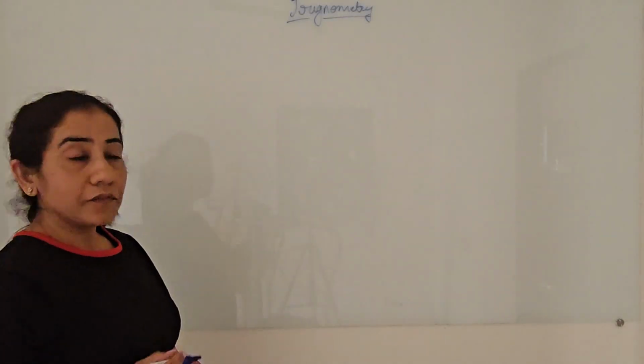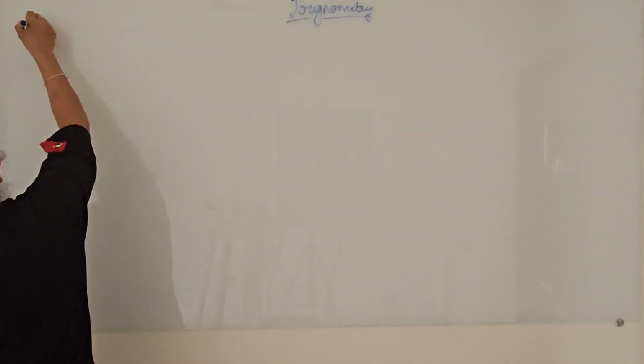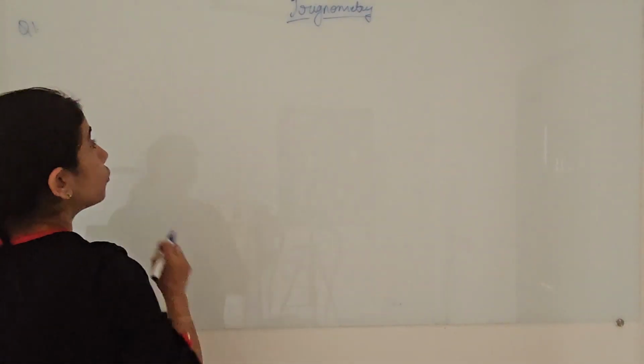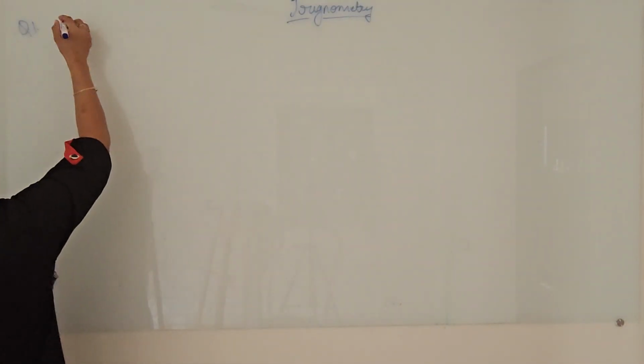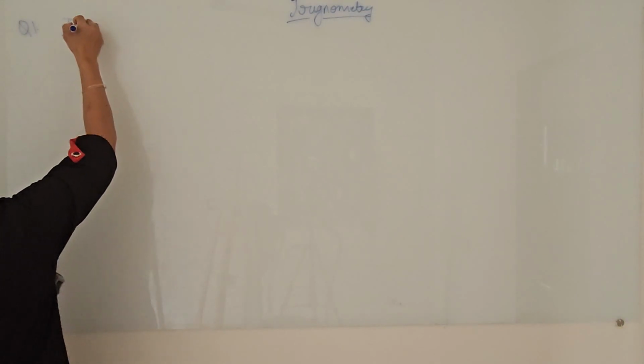Let's get started with question number 1. What does it say? There is an angle theta which is an acute angle.